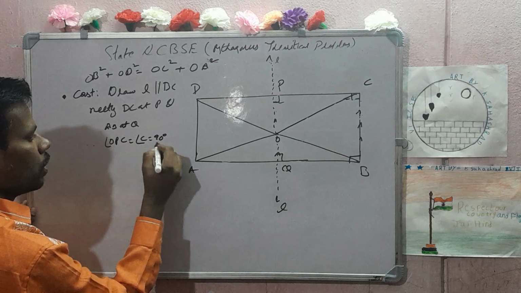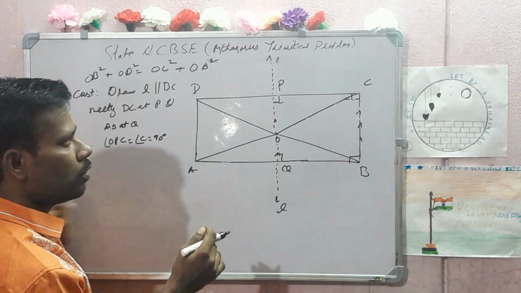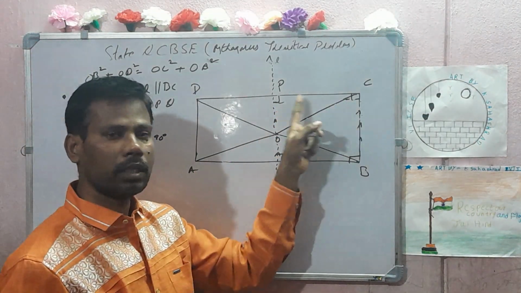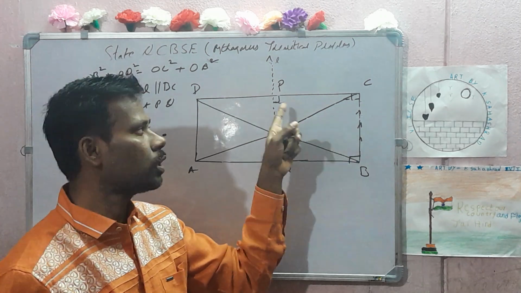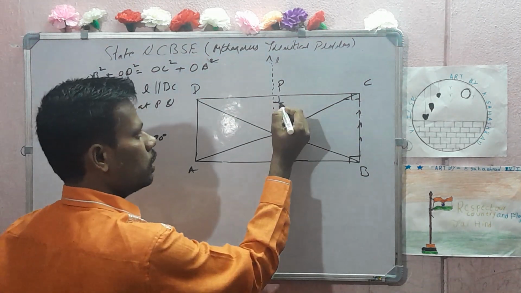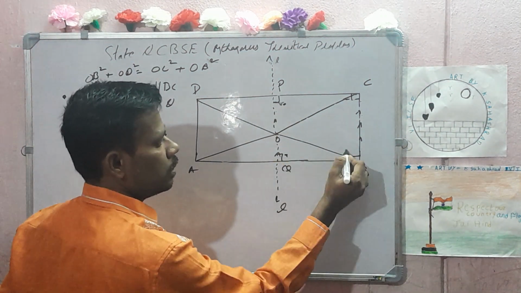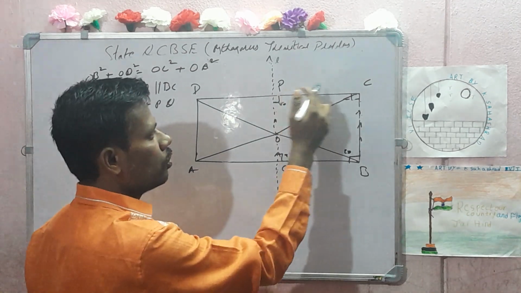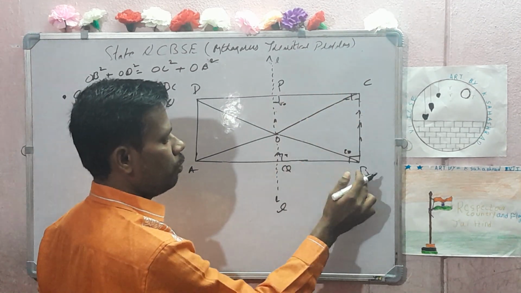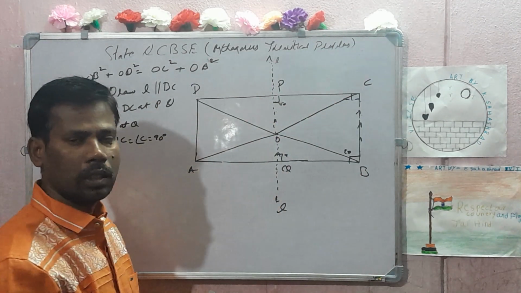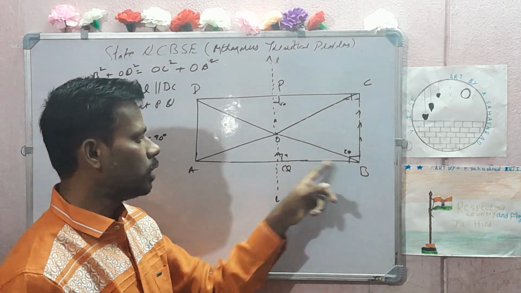So you can write here the statement I said just now: the sum of interior angles lying on the same side of the transversal is 180. So obviously this is 90, this is 90. Now consider BQPC, what kind of quadrilateral is it?